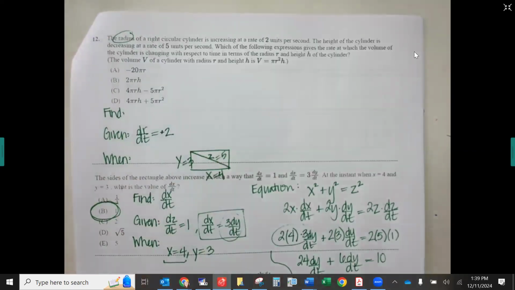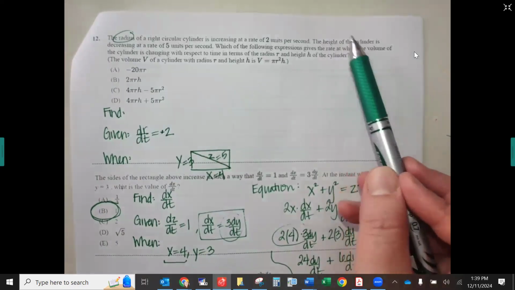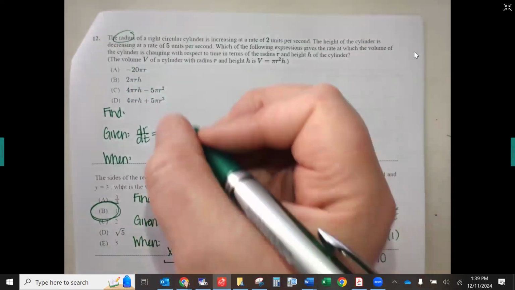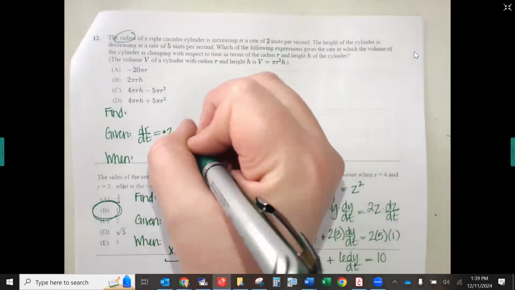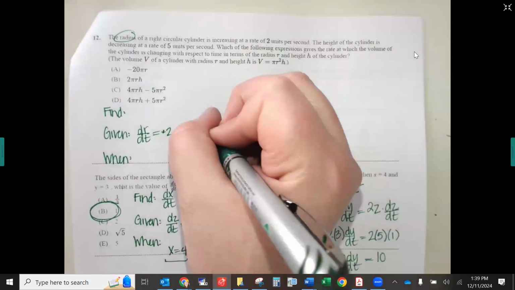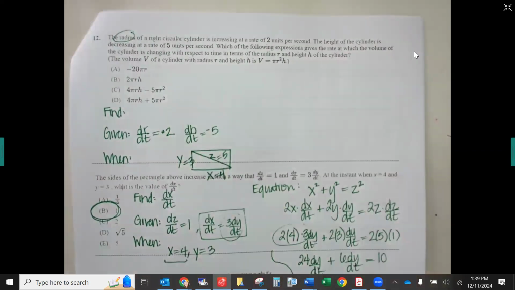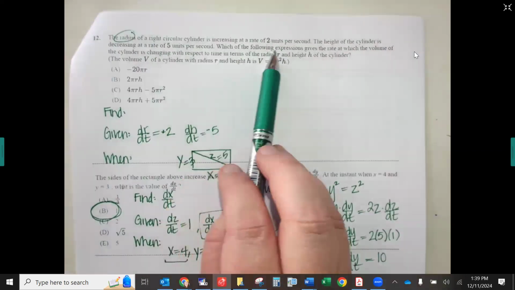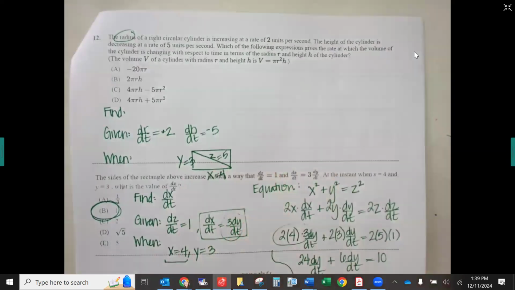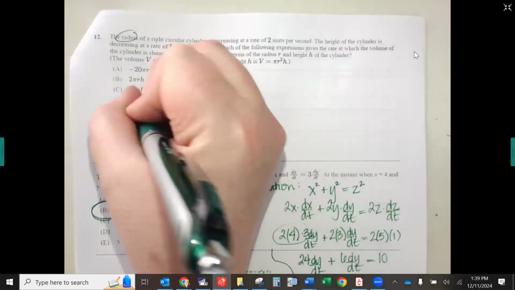Okay, let's keep reading. It says the height of the cylinder is decreasing at a rate of 5 units per second. What did they give you? dh/dt is 5, correct? -5, very good. Then it says, which of the following gives the rate at which the volume of the cylinder is changing? What are we finding? dV/dt.